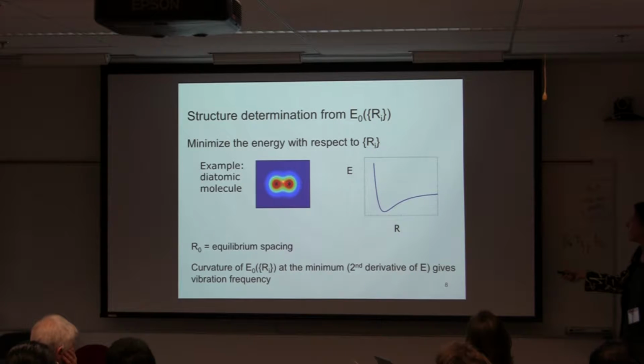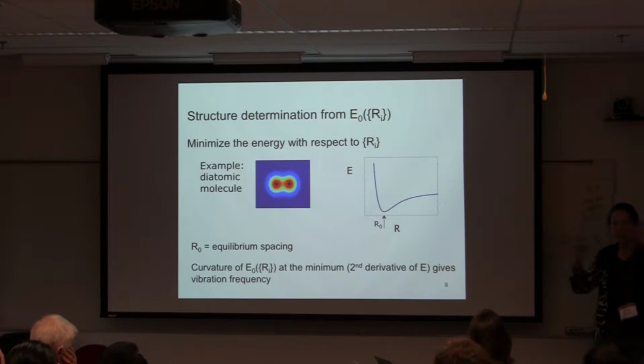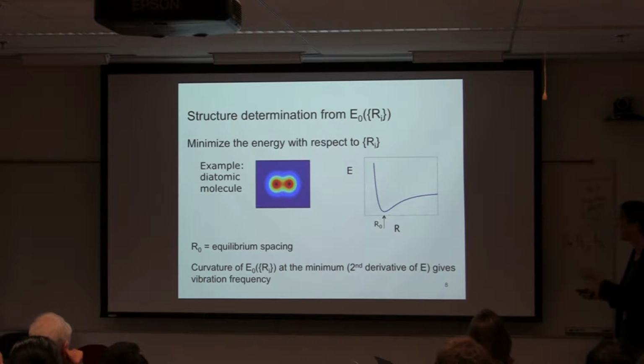So if I have a diatomic molecule, I have one parameter, the interatomic separation. I have this E naught, plotted as a function of R, and that's the predicted interatomic spacing. This curvature also gives me more information. It'll tell me the vibration frequency for this mode.